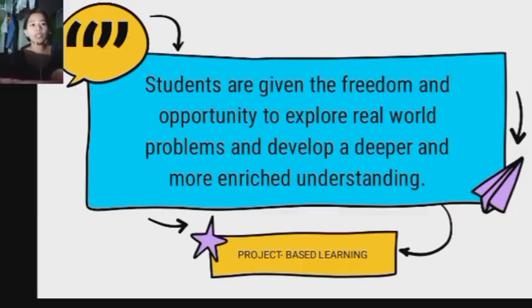Students are given the freedom and opportunity to explore real-world problems and develop a deeper and more enriched understanding. As a result, students develop deep content knowledge as well as critical thinking, collaboration, creativity, and communication skills. Project-based learning unleashes a contagious creative energy among students and teachers.